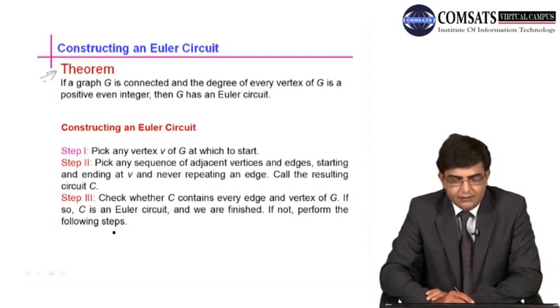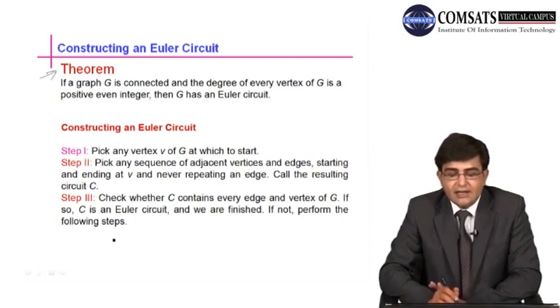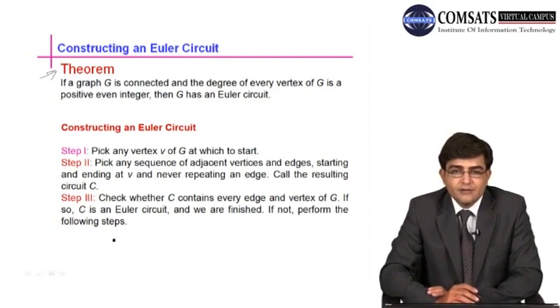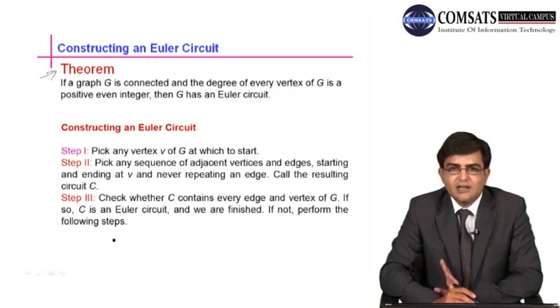There are 3 major steps which we have to follow to construct an Euler circuit. The step 1 is pick any vertex v of G at which we have to start. So in a graph, first you have to check 2 conditions: whether the graph is connected, and whether all vertices have even positive degree or not.